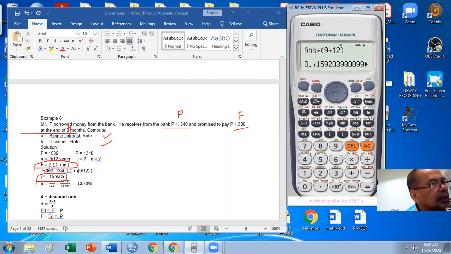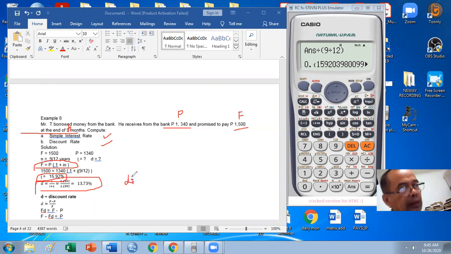That is that interest, 15.92%. And you can compute the discount rate. This is using the formula D is I over I plus 1.